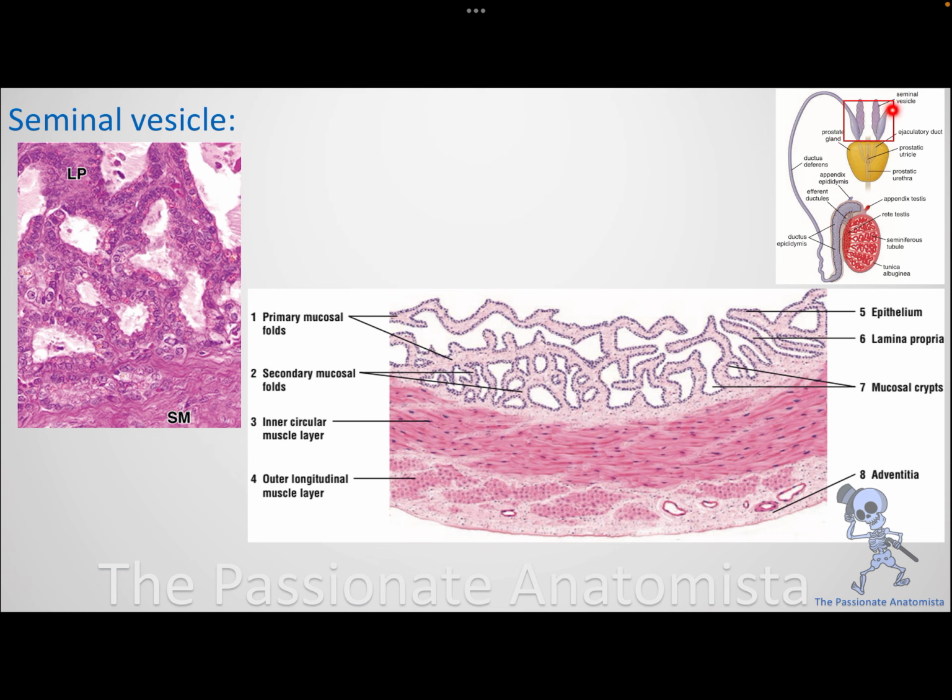We brought the sperms all the way through the ductus deferens, and from here they get into the ejaculatory duct, and the seminal vesicle secretes its secretions into the ejaculatory duct, bringing them to the prostatic sinuses.